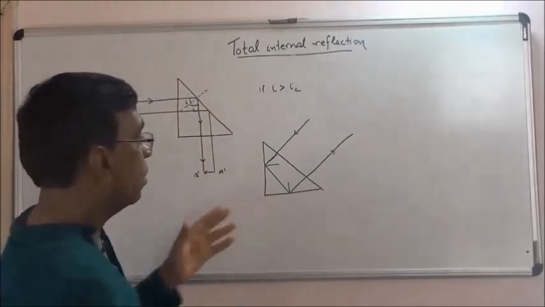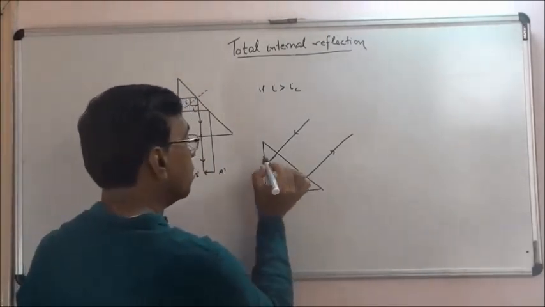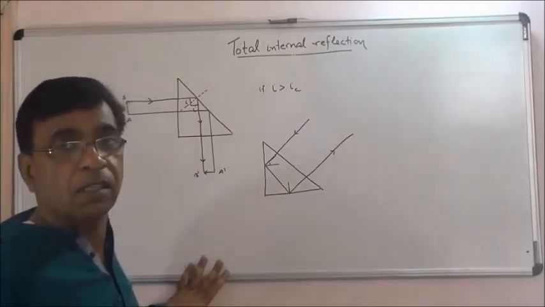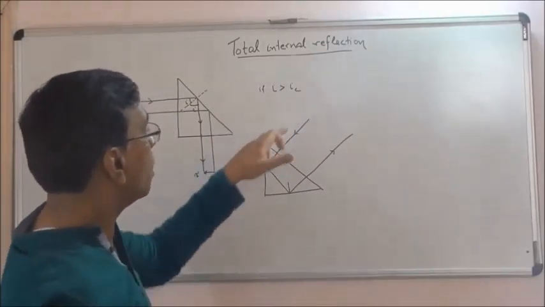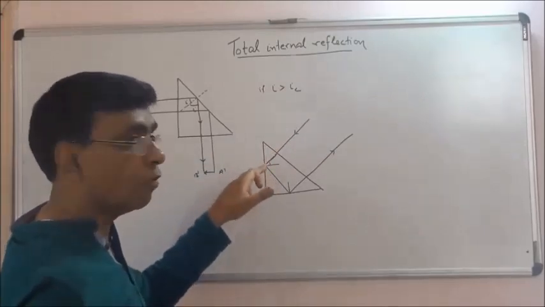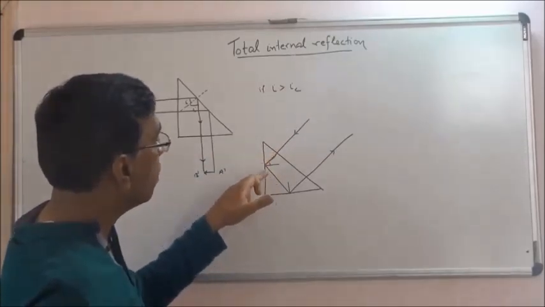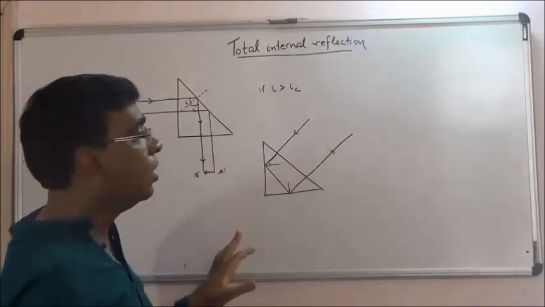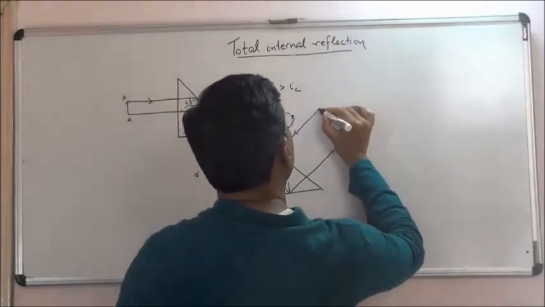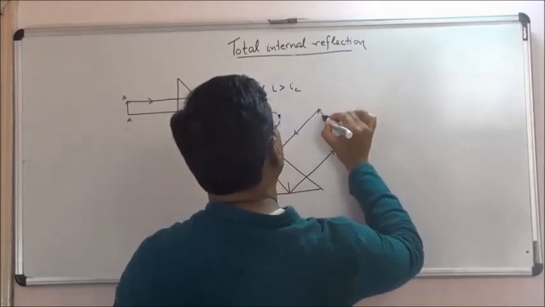Not always like this, it will always depend on what is the value of incidence angle and what is the value of critical angle. So if it is more than this and angle of incidence 90, then the reflected ray and the incident ray, they will be perpendicular to each other, and it may come like this. Here also it may be used to get images.